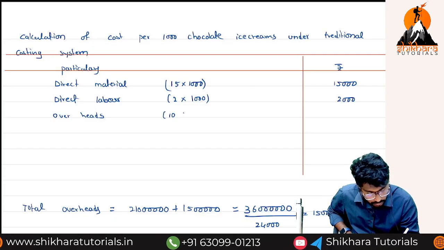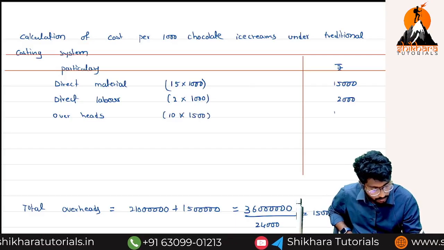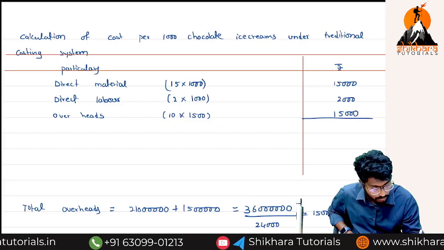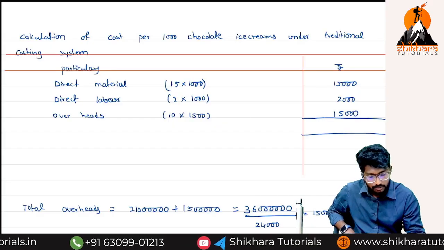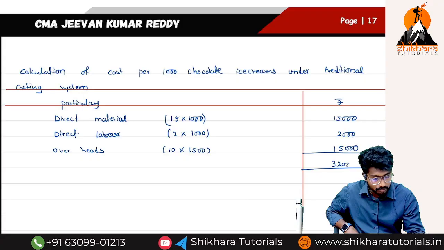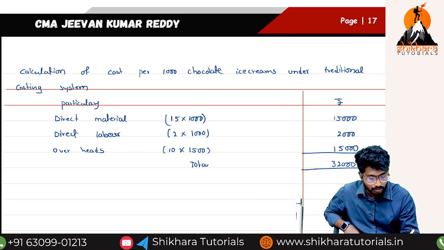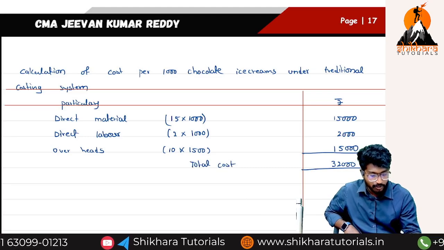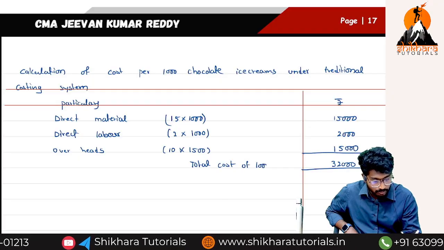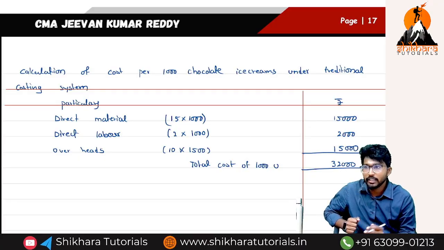That's it now. Now total is how much? 32,000. Cost of 1000 units is 32,000.